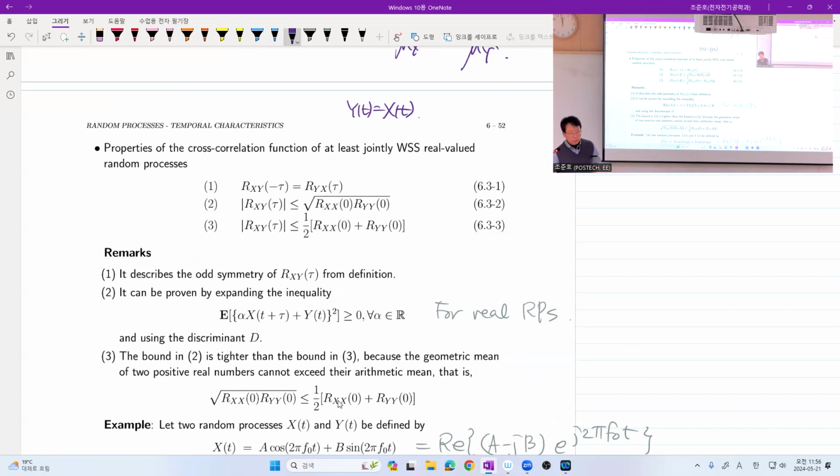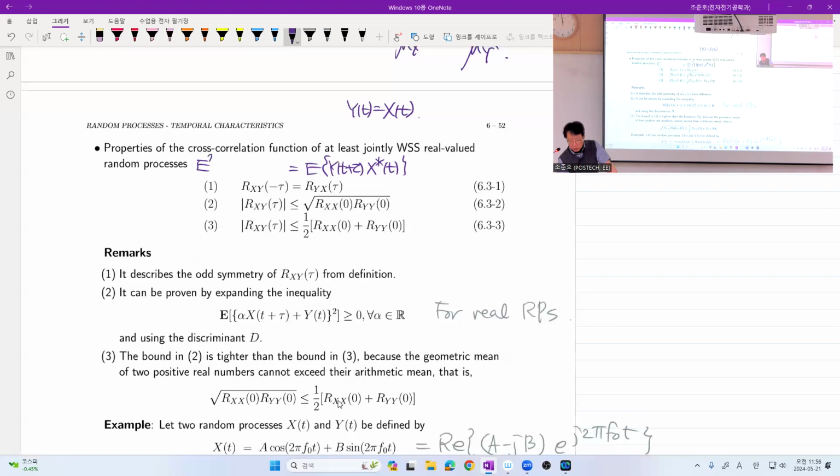So let's see. First, when x of t and y of t are real and jointly WSS, just a second, let's see. So what is the right-hand side? Expectation of y of t plus tau and x conjugate of t. That is the right-hand side. What is the left-hand side?